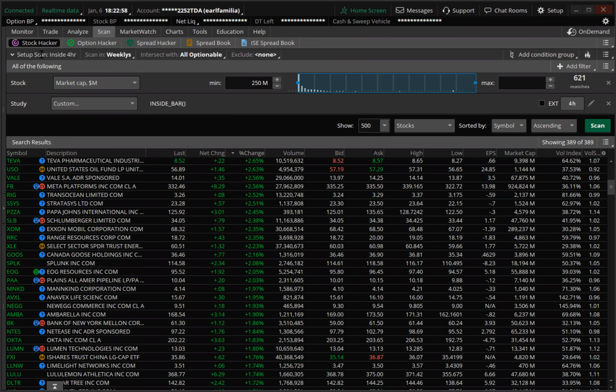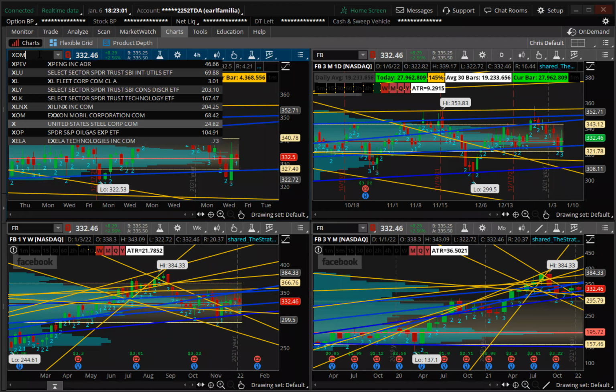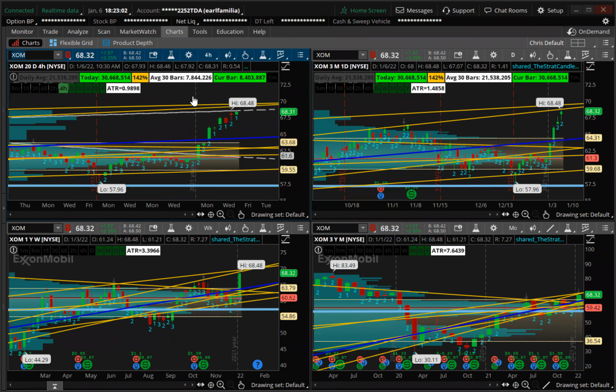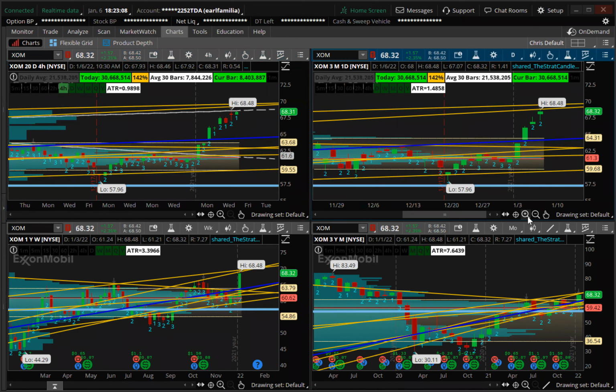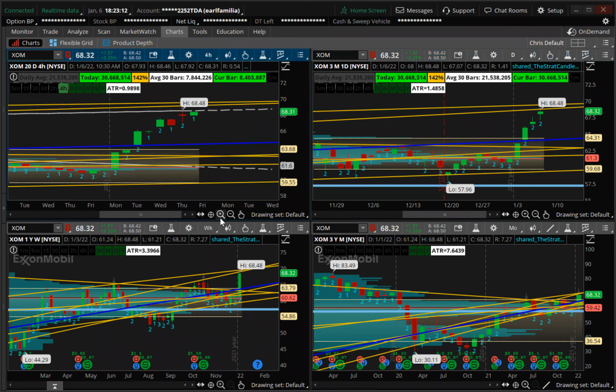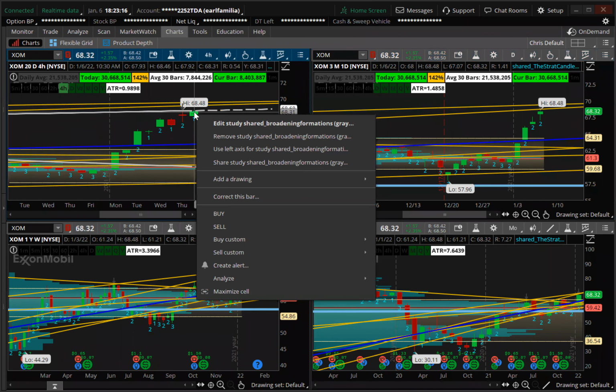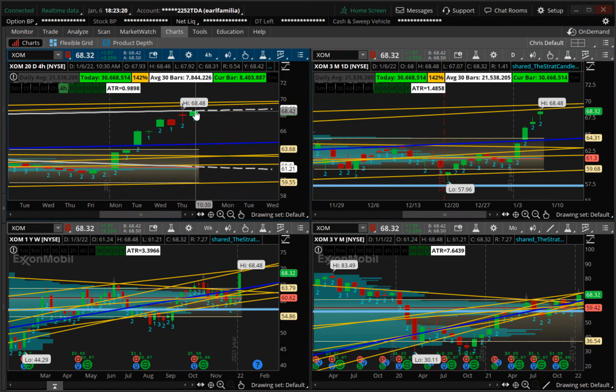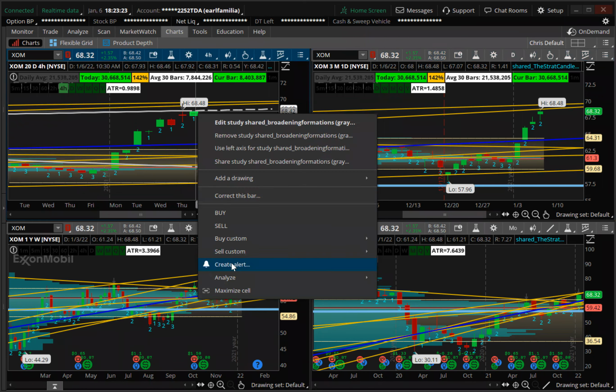All right, so let's see here. XOM. Let's see what XOM is looking like. Yeah, XOM looks stronger than the rest of them. Hammer on the day, right up under a couple broad formations though. I'm going to set the trigger. Is it 68.48, 68.46?